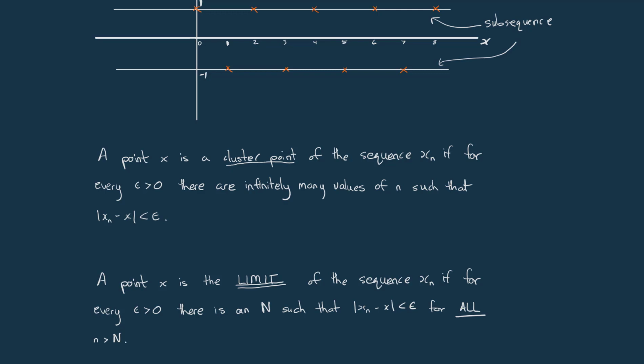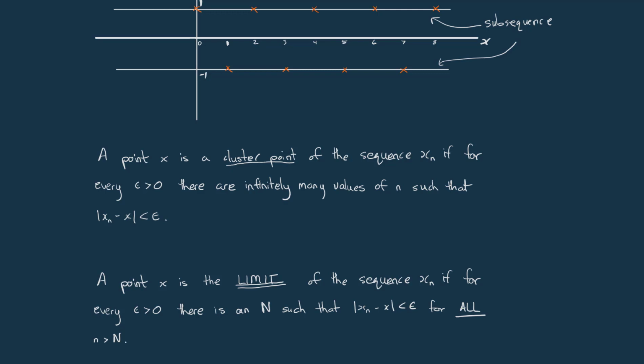As we can see from these definitions, the limit of a sequence is a cluster point, because if all the indexes after a certain big N are such that all the terms are within epsilon of x, then of course that satisfies the criterion of being infinitely many.